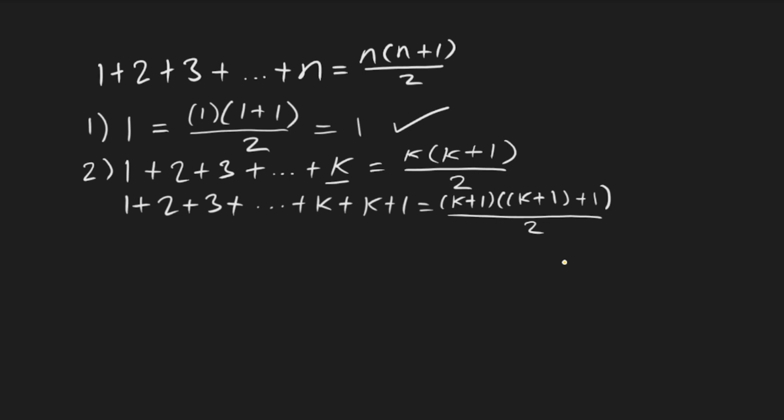So the next step is, since we're supposing that p of k is true, we can actually replace the left side with the first right side.